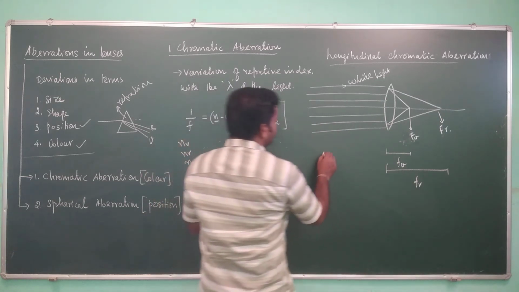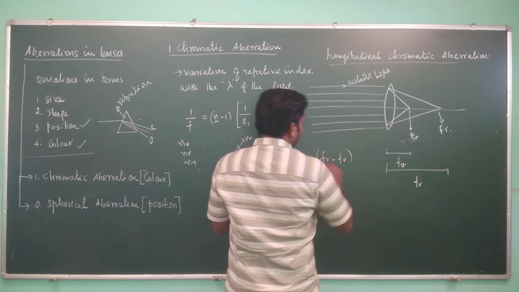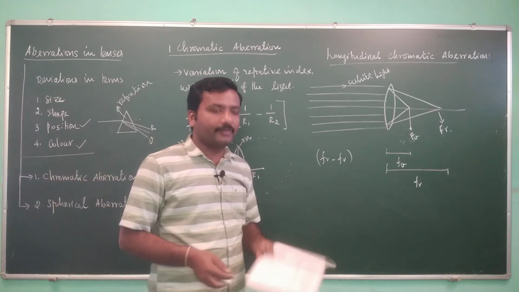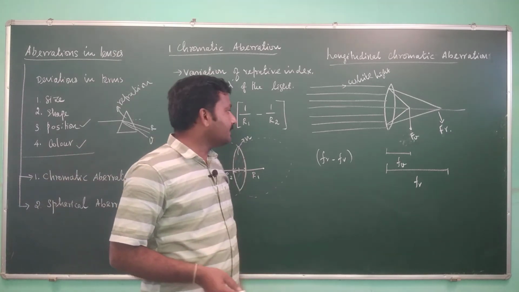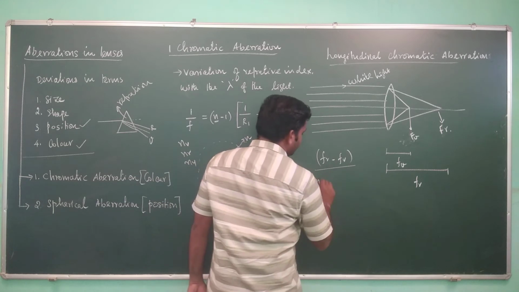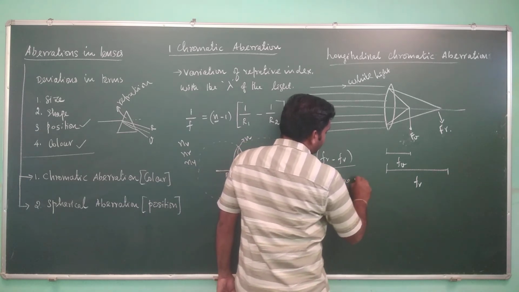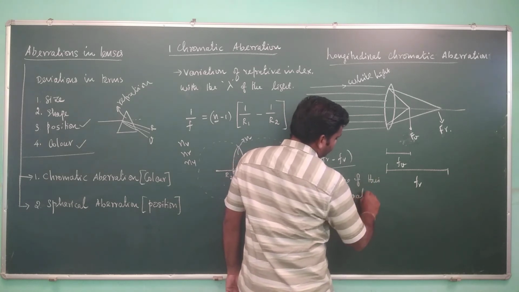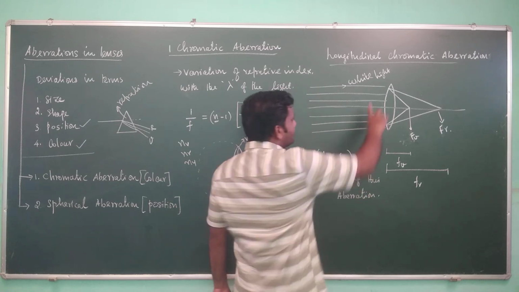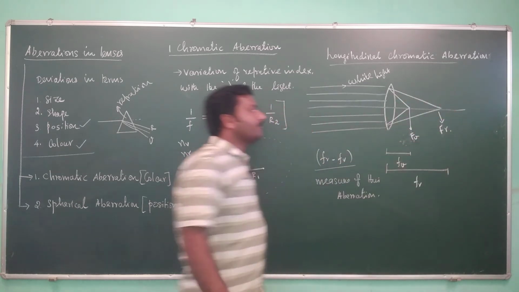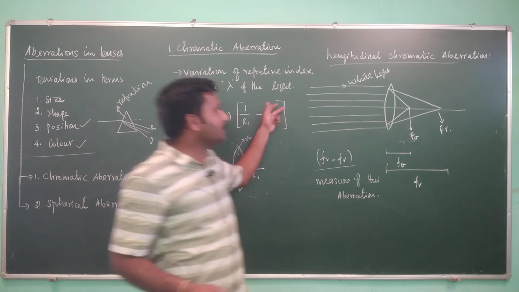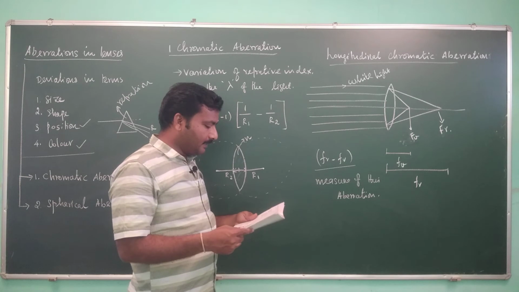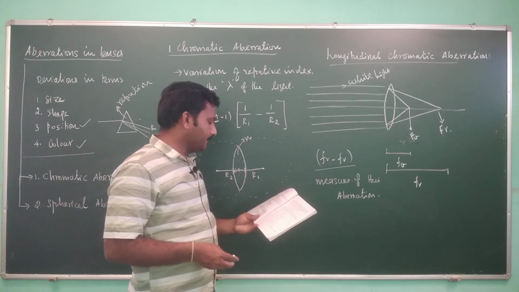Now the difference fr minus fv, that is the focal length of red color minus the focal length of violet color, is the measure of this aberration. Instead of focusing to a single point, different colors are focused at different points along the horizontal axis, that is the longitudinal axis. That is why it is called longitudinal chromatic aberration for a parallel ray.